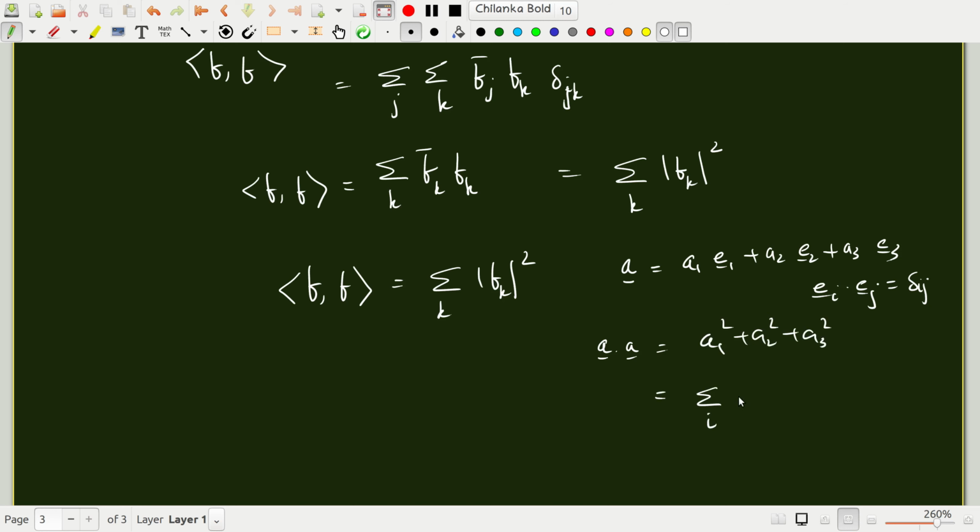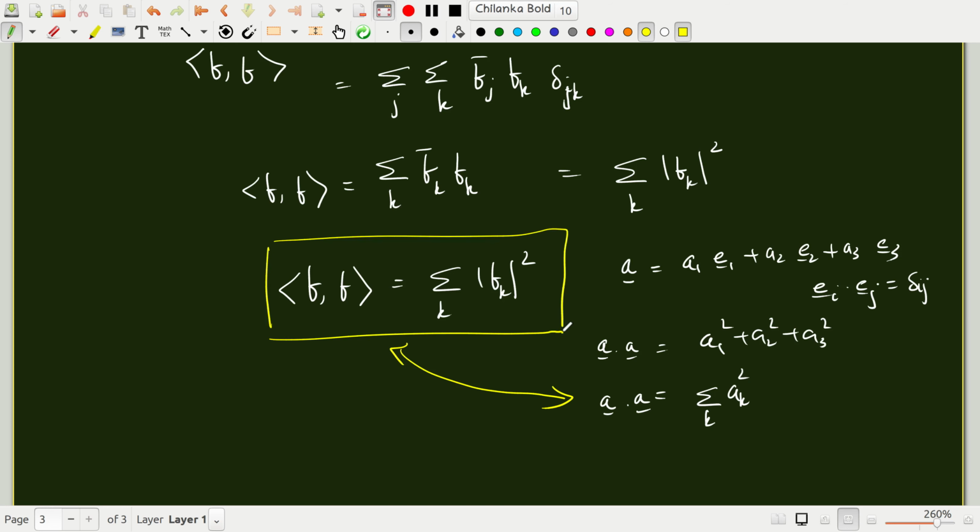This is the summation over k of a_k squared. Again, you can see the similarity. Parseval's equality is merely a generalization of this to a function space, but the final result is the same, provided the eigenfunctions are orthonormal to each other.